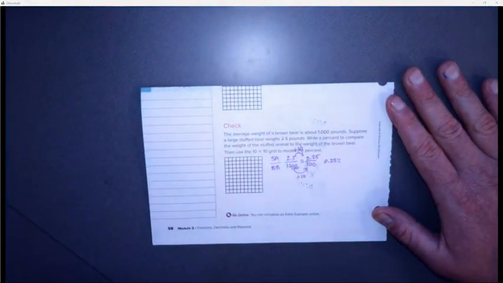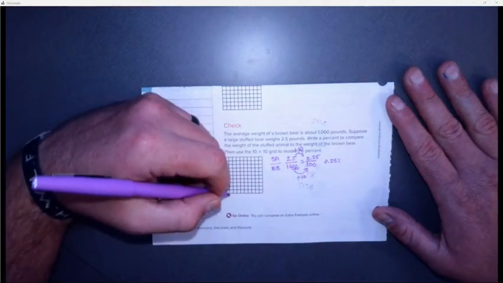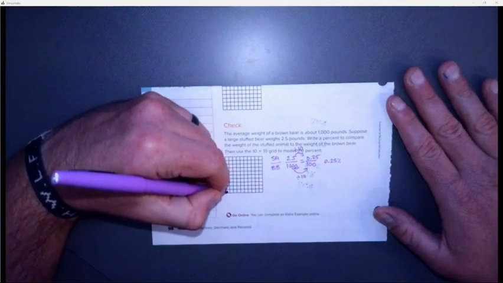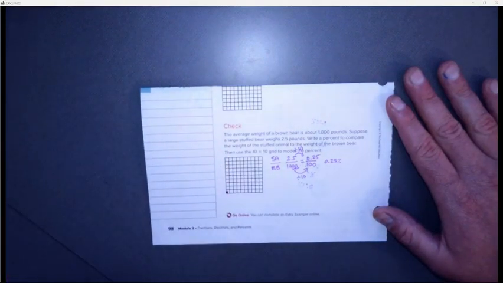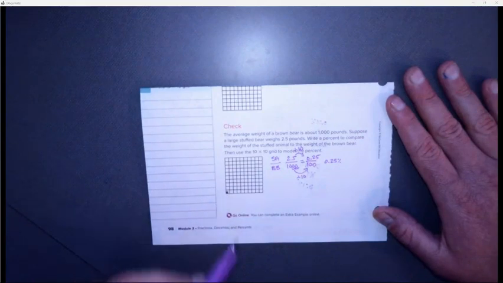And if I have 0.25%, that's the same as 1/4 of a percent. So if I need to shade a box, I'm going to shade 1/4 of my box to represent 1/4 of a percent, since I do not have a whole percent.